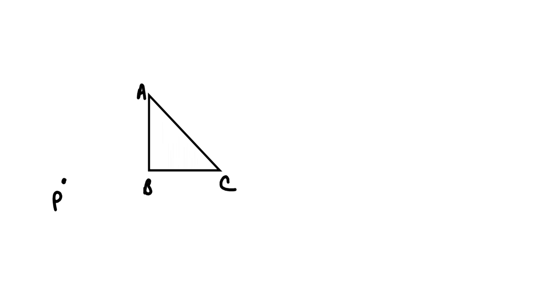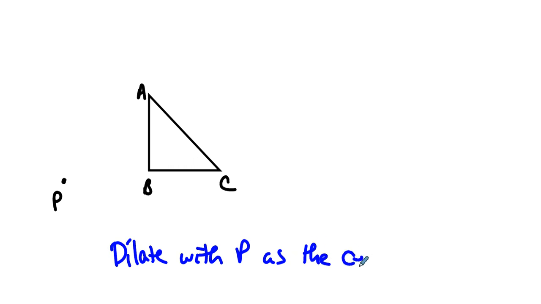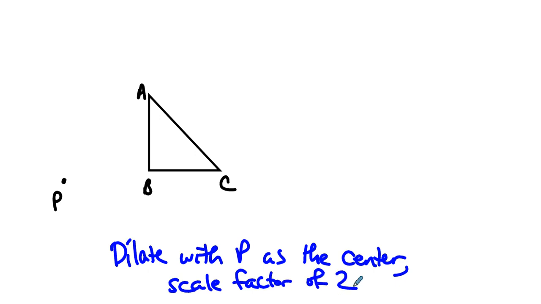dilation. And then what we want to do is dilate with P as the center, and we want a scale factor of 2. Well, what does that mean, scale factor of 2?